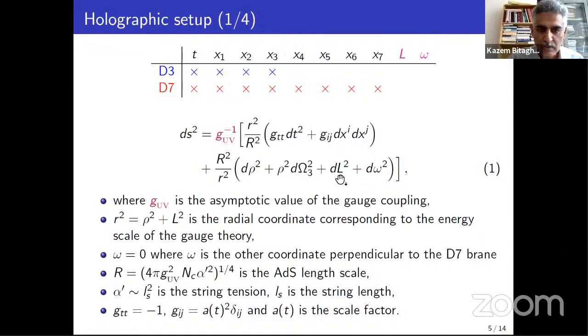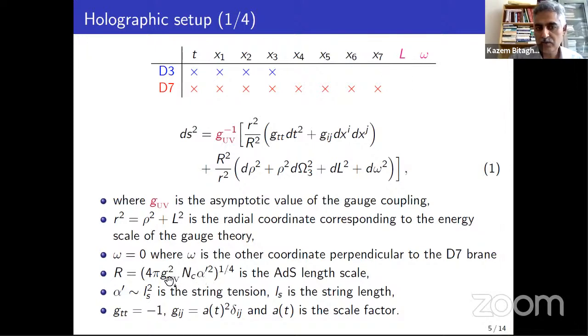Two perpendicular dimensions, L and omega, are explicitly written here, but we chose omega to be 0, so we work only with L. Also, small r is related to rho squared plus L squared, which is the radial coordinate, and this corresponds to the energy scale in the gauge theory.